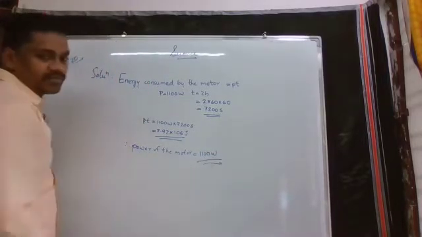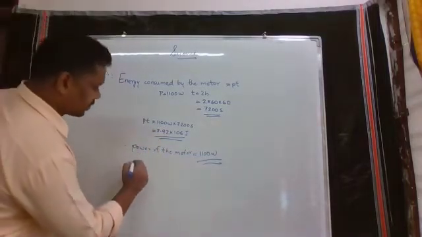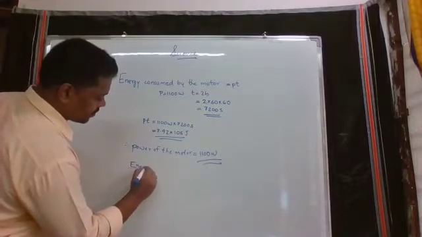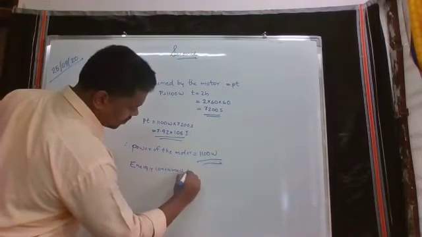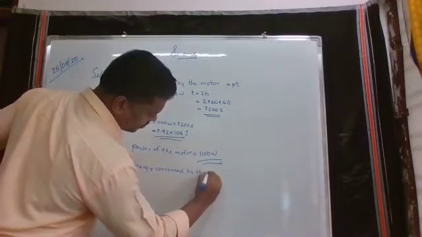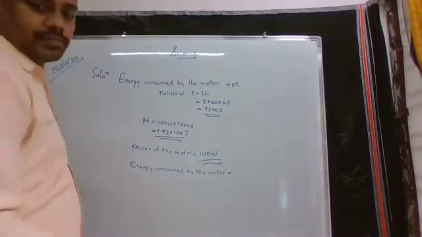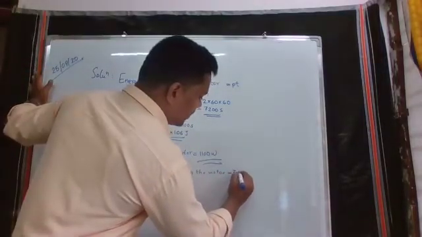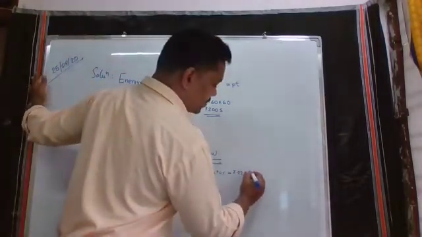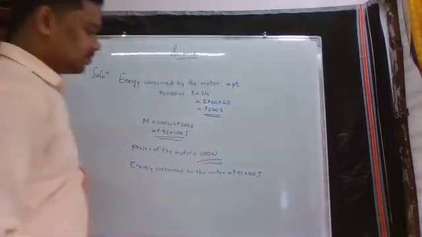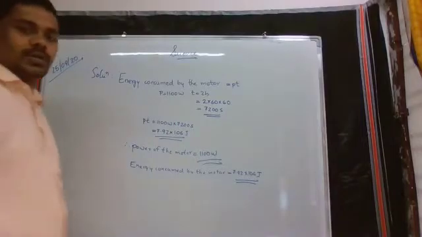This is the power of the motor. The energy consumed by the motor is 7.92 into 10^6 joule. Got it?